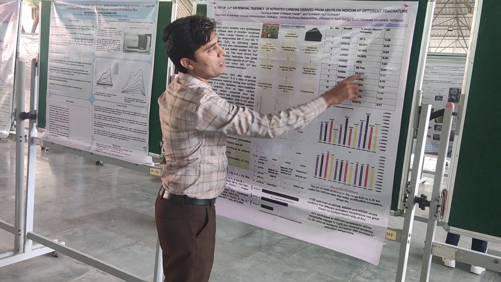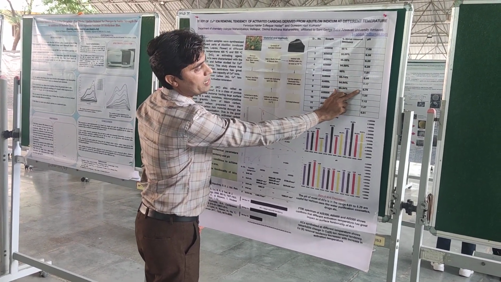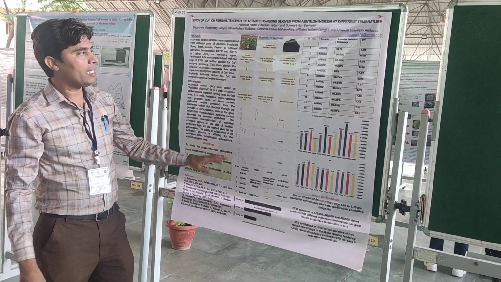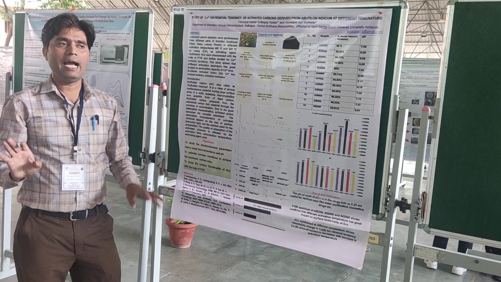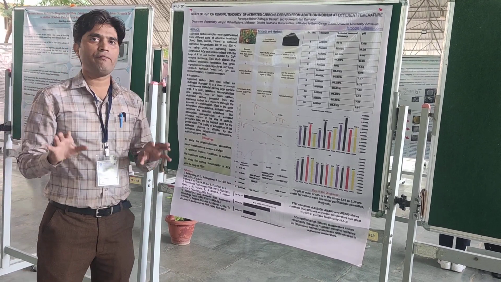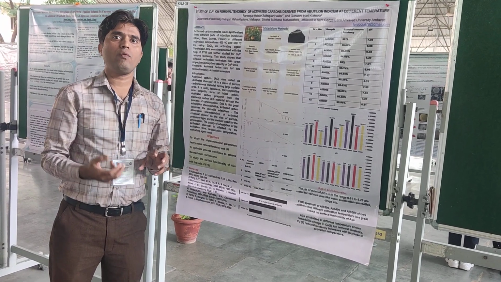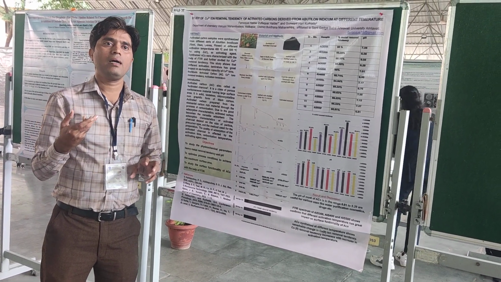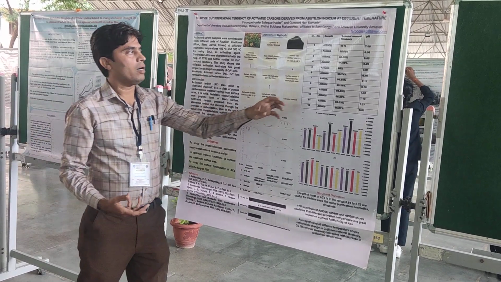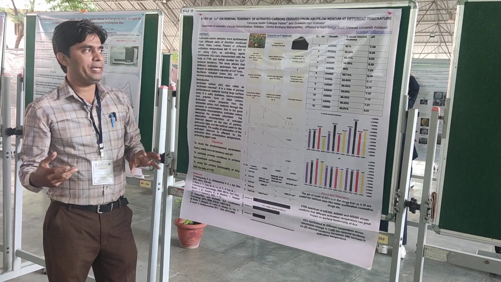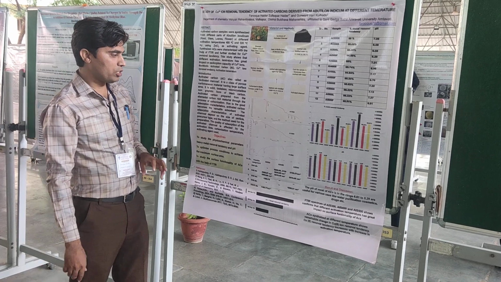All the activated carbons have a pH of 7, 8, 7, 6.98, 6.76, meaning we can say that all the activated carbons have a pH between 6 to 8, which is a favorable pH, and these activated charcoals may be used for purposes like making toothpaste and cosmetics. So with a pH between 6 to 8, we can use them in different drugs and different cosmetics.